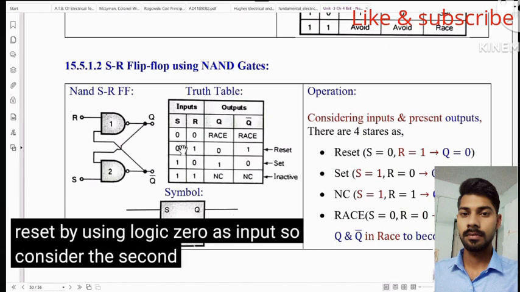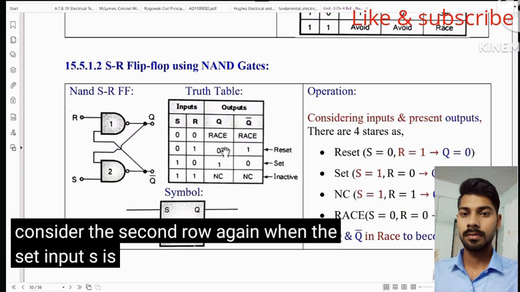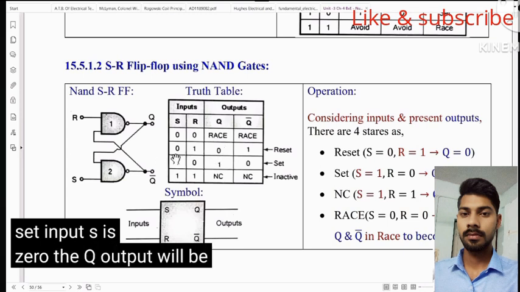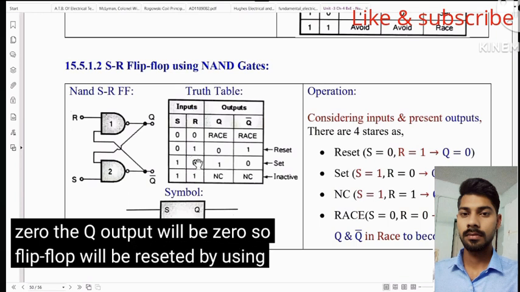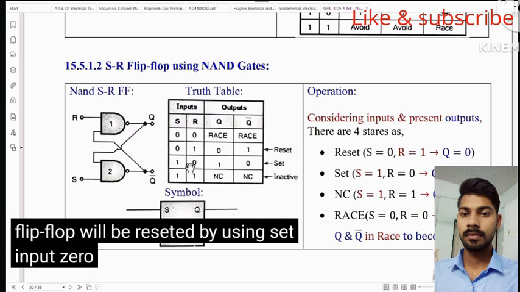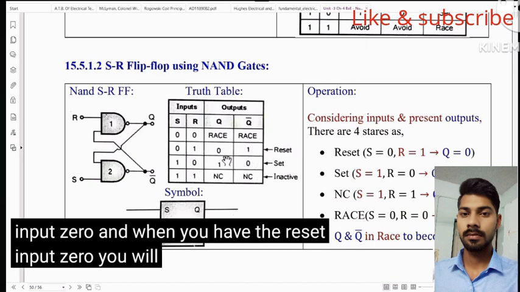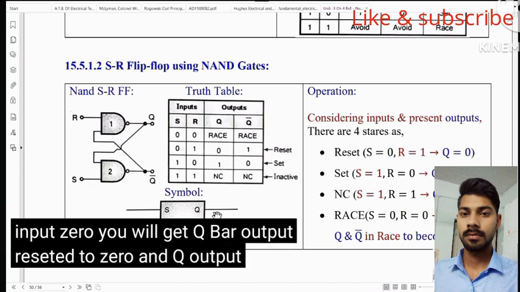So consider the second row again. When the set input S is 0, the Q output will be 0. So the flip-flop will be reset by using set input 0. And when you have the reset input 0, you will get Q bar output reset to 0 and Q output becomes 1.